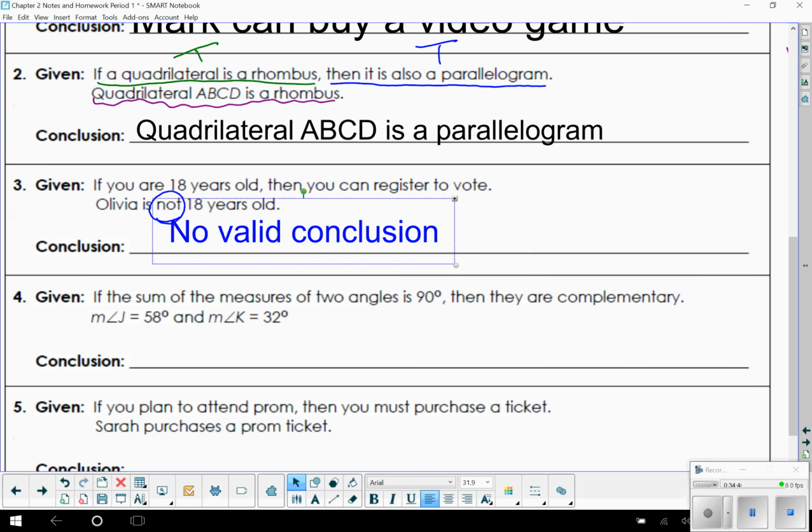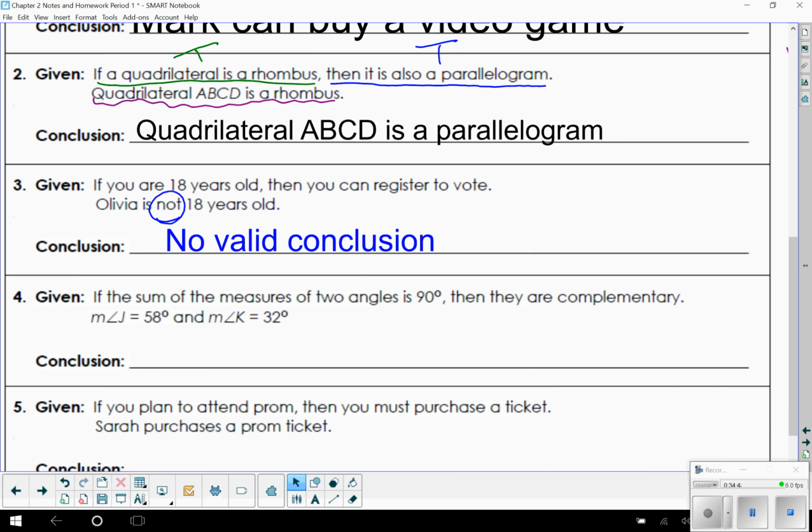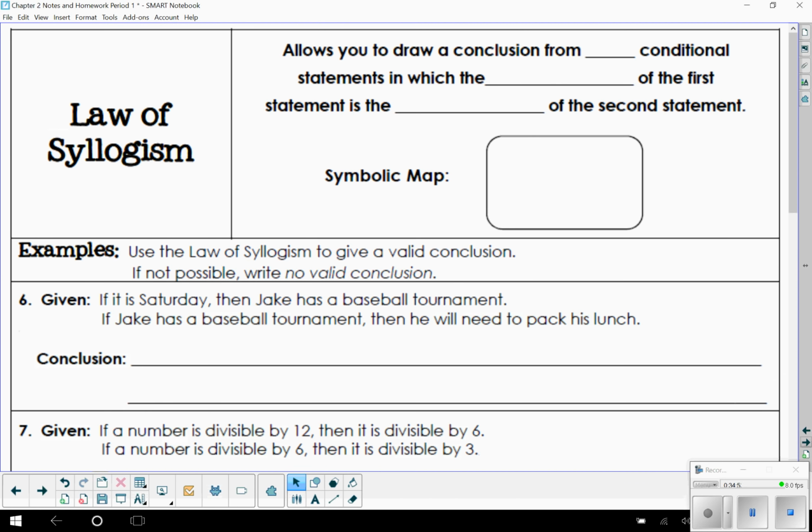Okay? All right. So, what we got next? Law of syllogism. This one I call leapfrog. Yay, back to leapfrog.